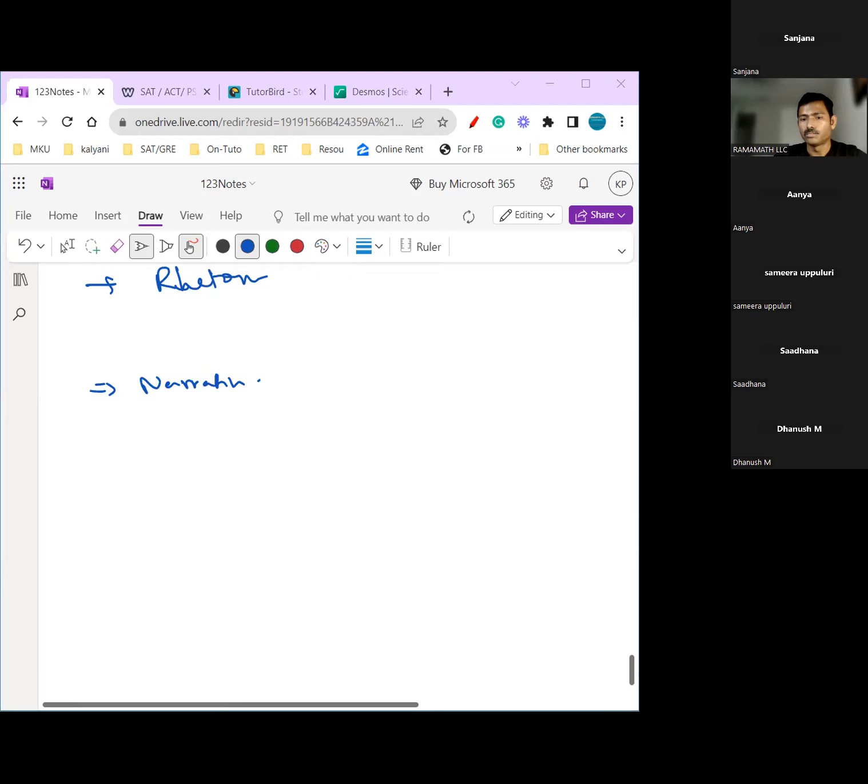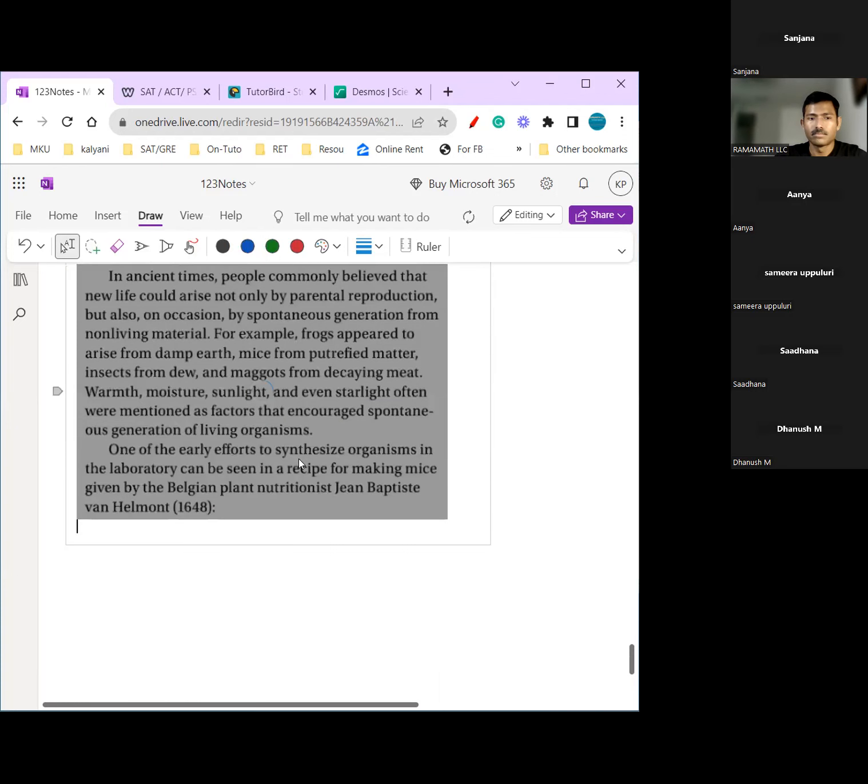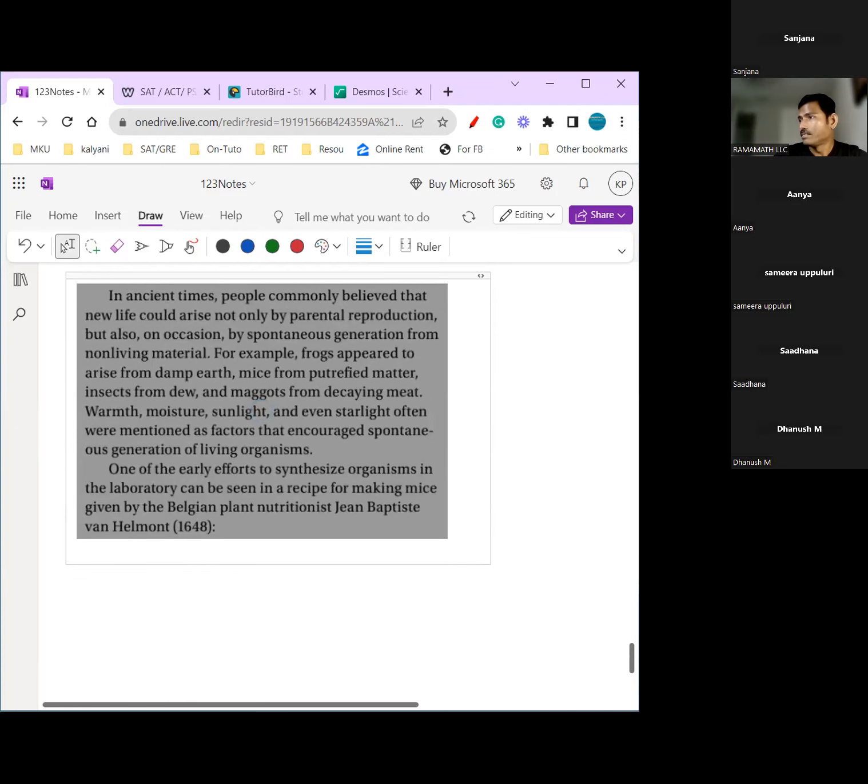I'm going to put a passage here, and we are going to read it and try to understand its structure. Okay, Anya, can you please read the first paragraph?